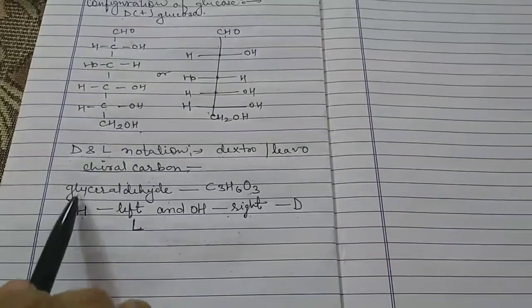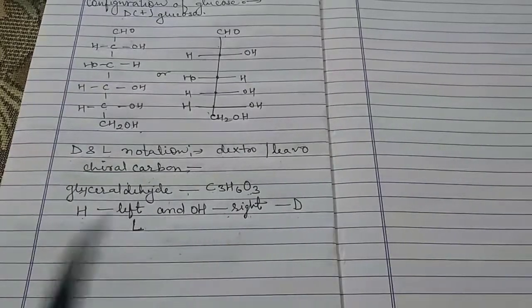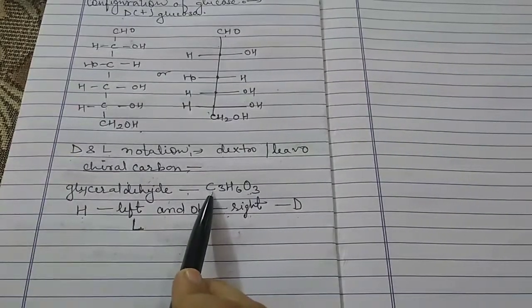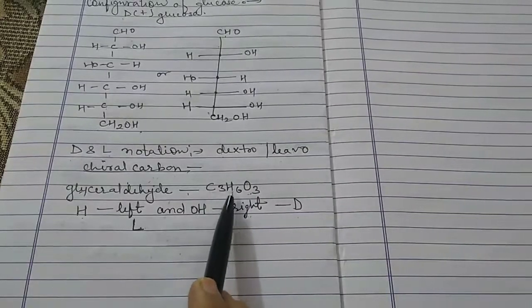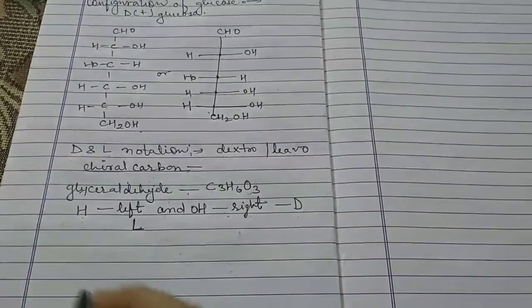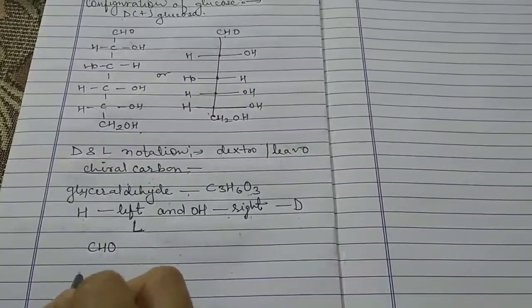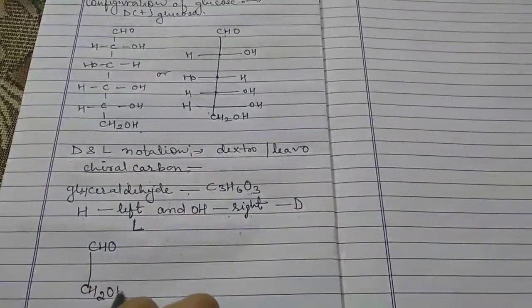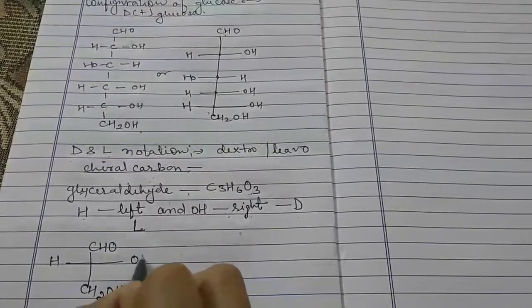Now let us discuss the structure of glyceraldehyde as D and L. The molecular formula is C3H6O3. The structure of glyceraldehyde is CHO, CH2OH, with H and OH.